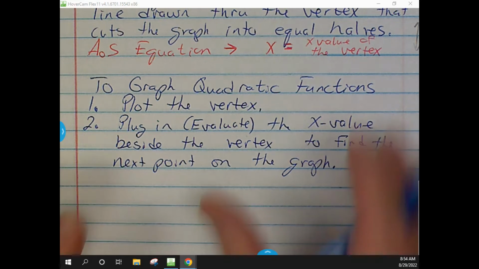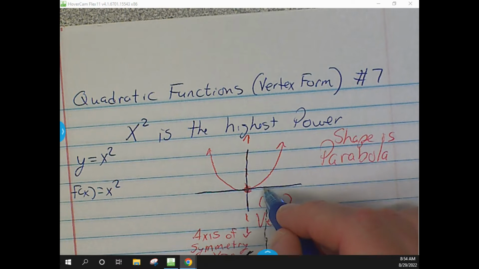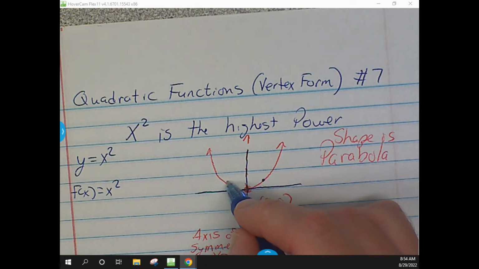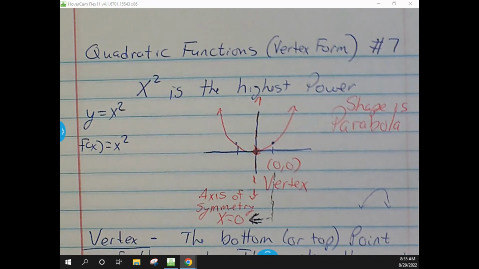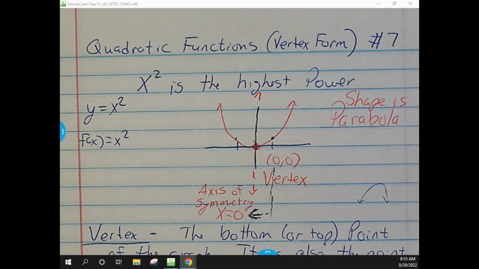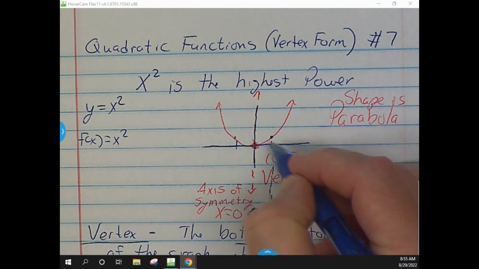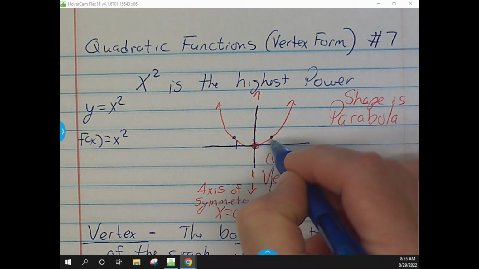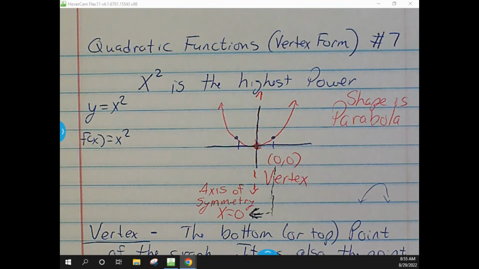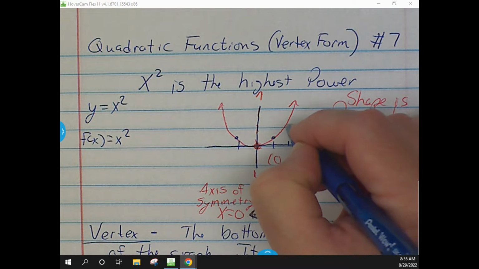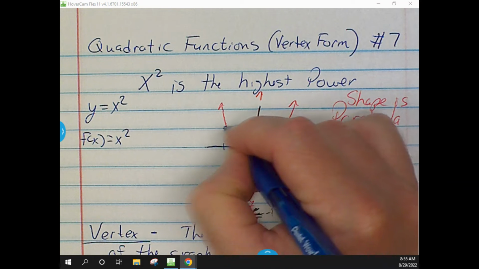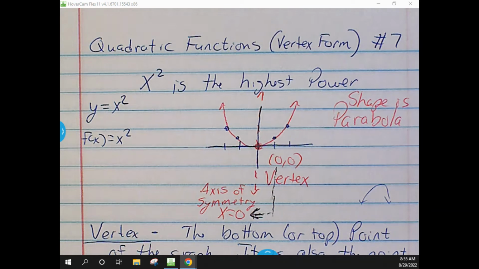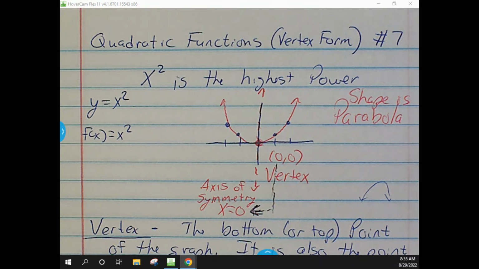If it's 1 or -1 here, it doesn't matter, because with it being symmetrical, whether you move one place to the right or one place to the left, this y value will always be the same. If you move 2 places to the right or 2 places to the left, that y value will always be the same. So it's going to give you the same answer either way.